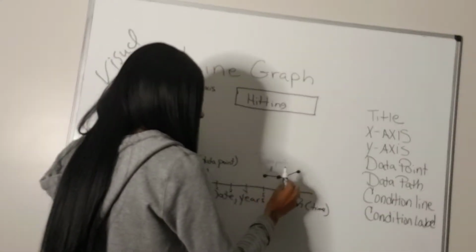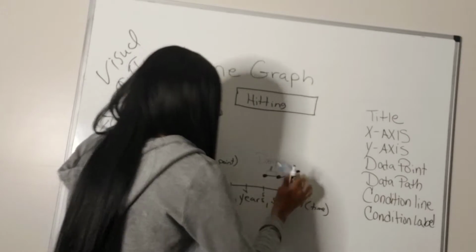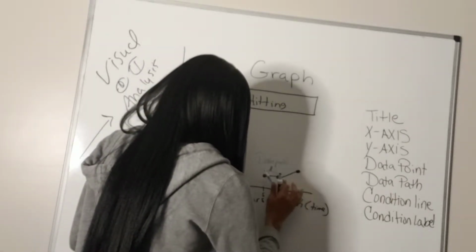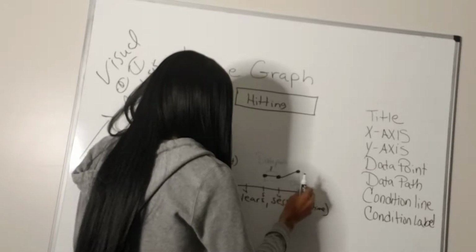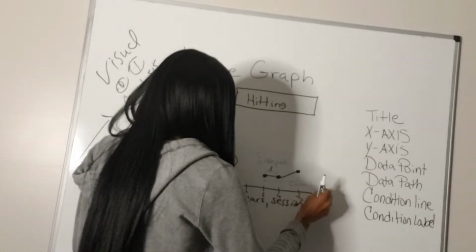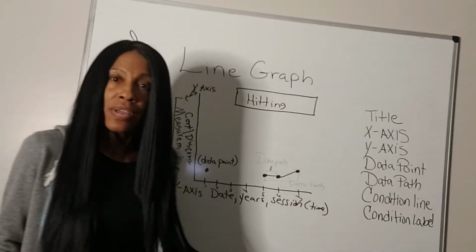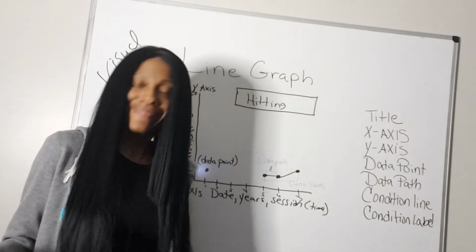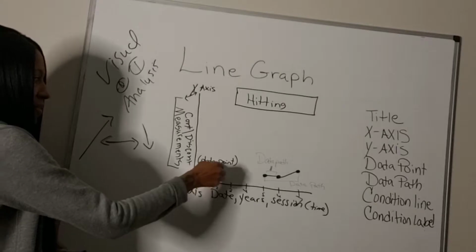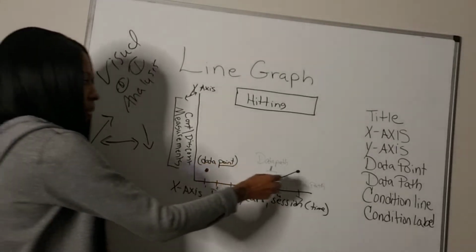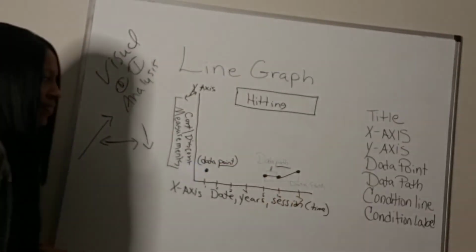So from this dot to this dot, or let me just make it even simpler, all these dots form a data path. To have a path, you need more than one dot. You got it? Good. So one dot by itself is a point. More than one dot is a path.